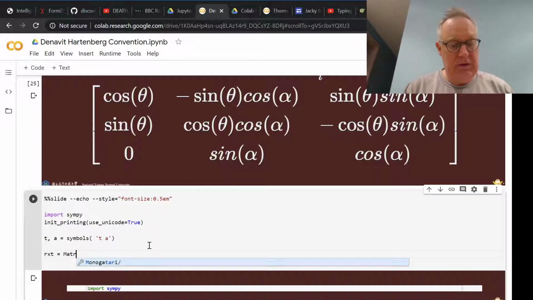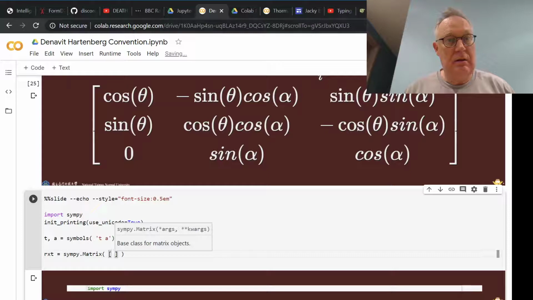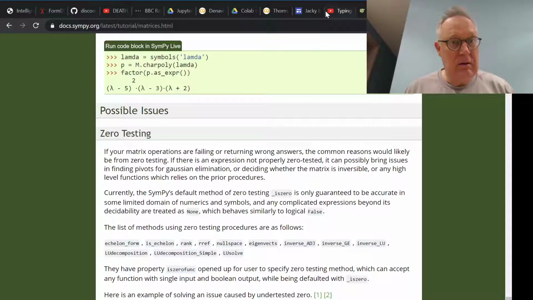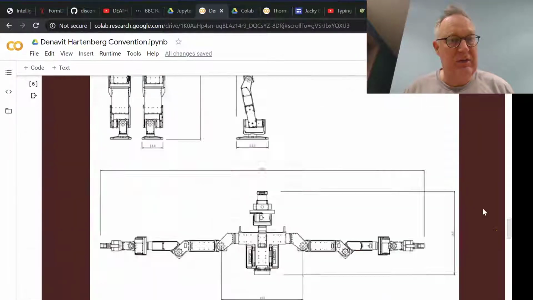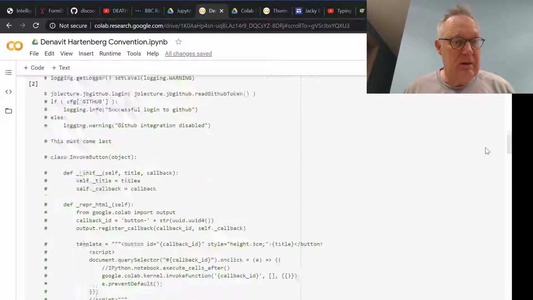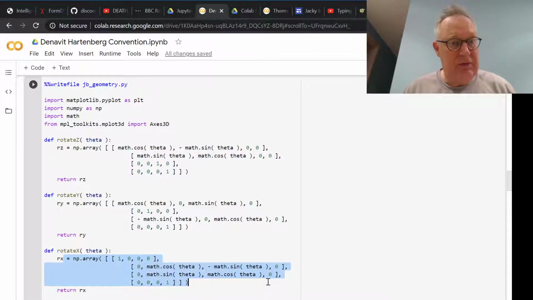Rxt is equal to matrix. And then I need, so if we rotate around angle x, axis x, then did I copy that here? That will be this rotation matrix here.